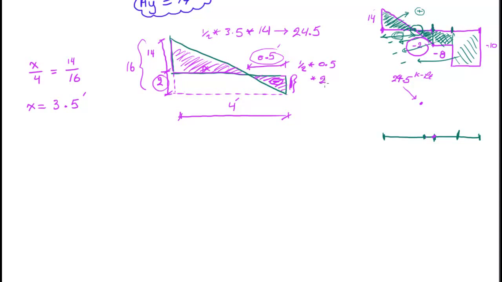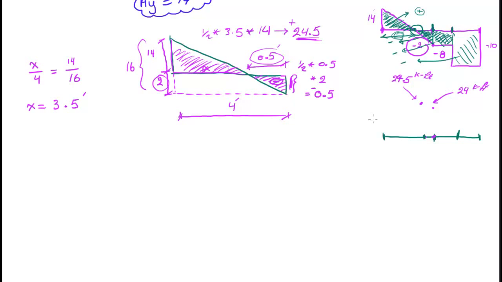So 1/2 times 2 is 1, 1 times 1/2, so the answer is 0.5, a negative 0.5. If I add the area of this triangle and this triangle, I'm basically saying 24.5 positive plus negative 0.5, which gives me 24. So I'm going to put it like this and say this thing is 24, again cubic foot.